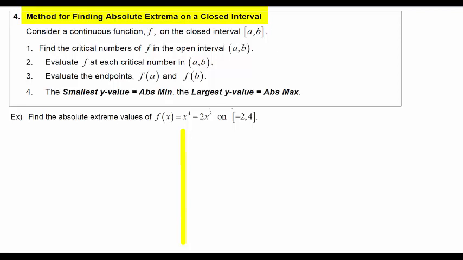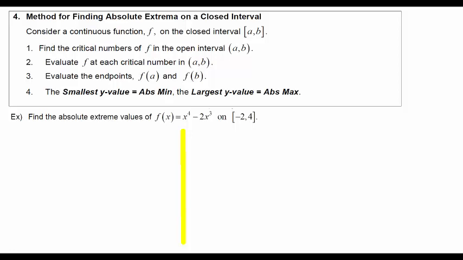Method for finding absolute extrema on a closed interval. Consider a continuous function f on a closed interval a to b. So this method, of course, works if EVT applies. This should actually be the first step when somebody says to locate the absolute extrema, because if your function is not continuous, or if the interval given is not a closed interval, then we cannot guarantee that absolute extrema exist.